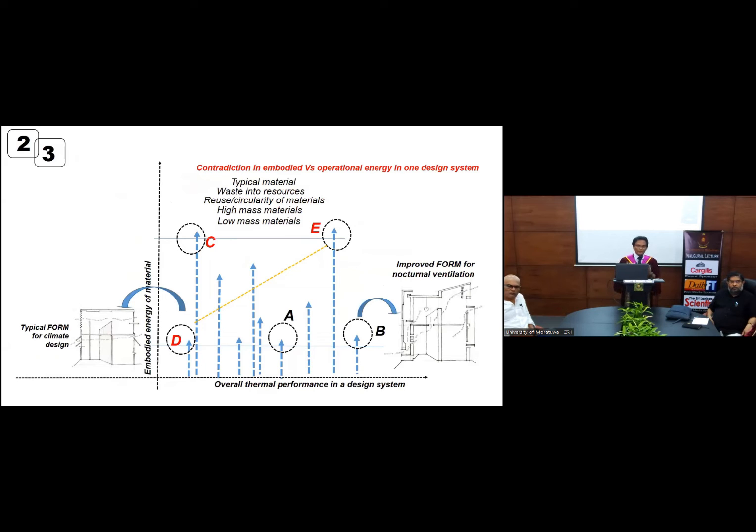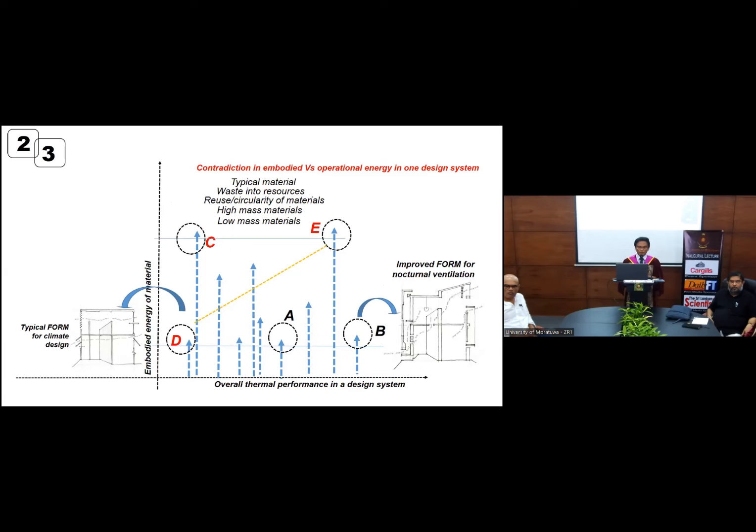So therefore, now I took concrete or low carbon concrete as a material. Now this mapping is about the integration of materials with the building operation. The overall thermal performance in a design system is shown on the x-axis, and the other axis shows the embodied energy component.